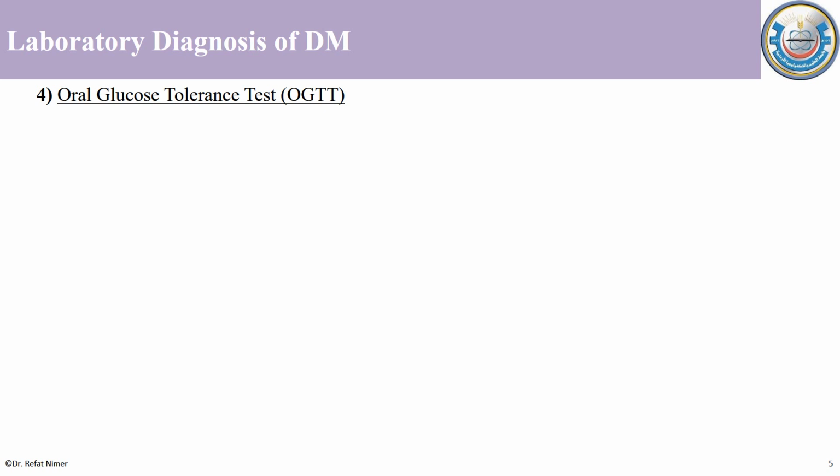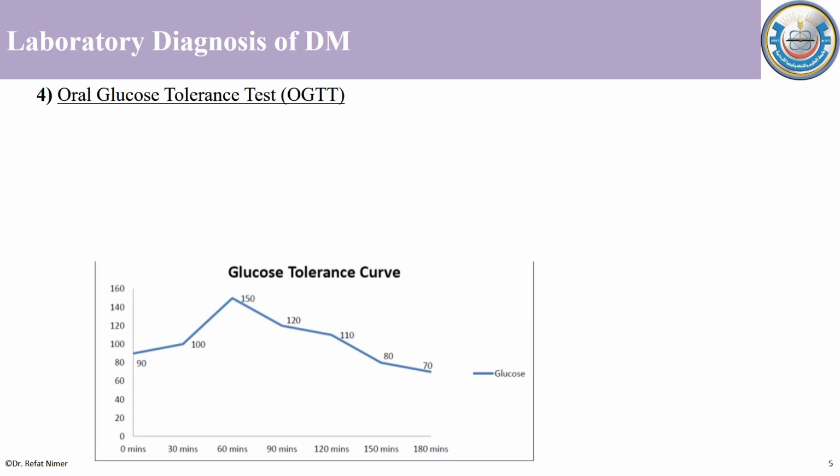After that we build what is called the glucose tolerance curve. The curve is plotted with the blood glucose level on the y-axis, and on the x-axis, the time of collection, and this curve is called the glucose tolerance test.